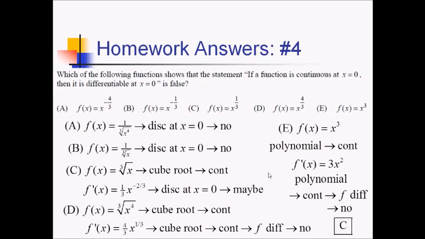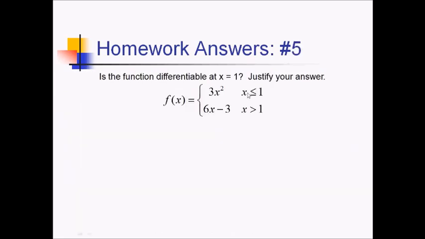On this problem, we want to know if this piecewise function is differentiable at x equals 1. So to do that, we need to check out continuity and then the limits of the slopes. So for continuity, let's check our limits from the left and the right first. Left side limit as x approaches 1, that'll be 3 times 1 squared, which is 3.